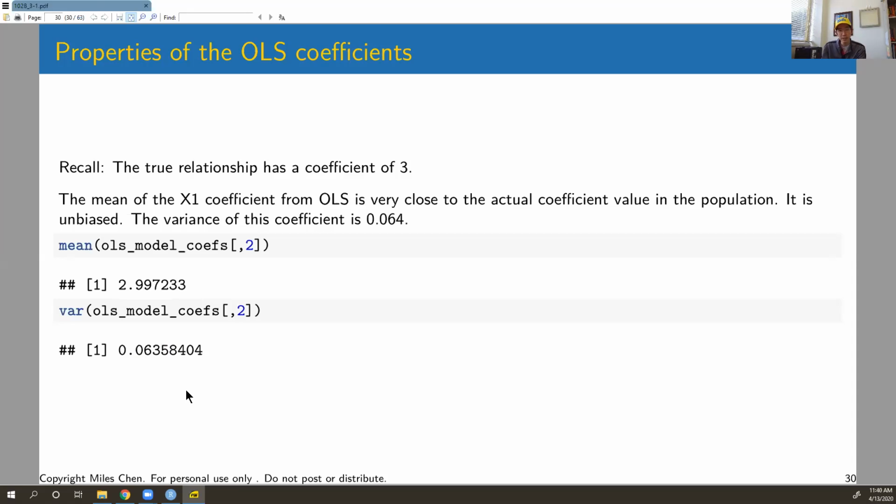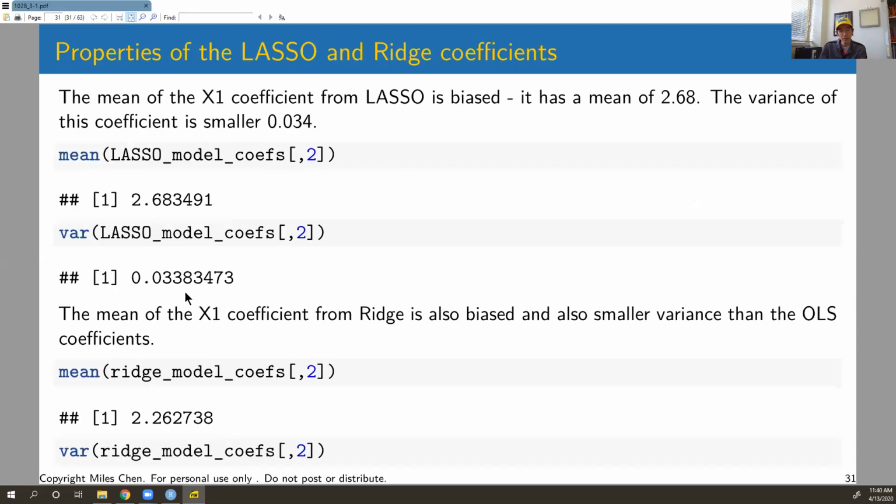With the LASSO, the mean is not 3. The mean is biased; it's 2.68. I get something different from 3, but my variance has gone down. My variance is only around 0.03.